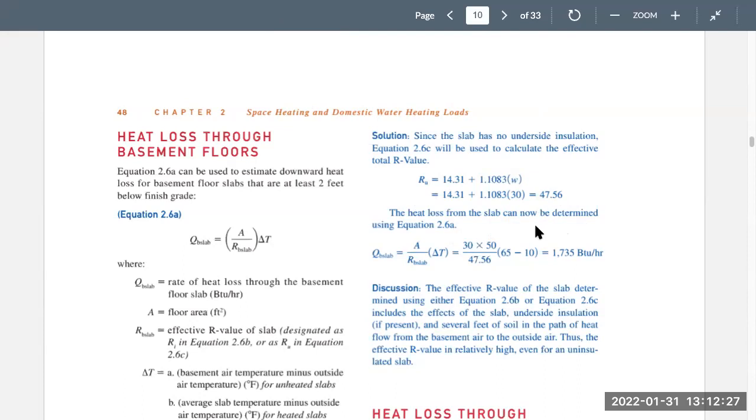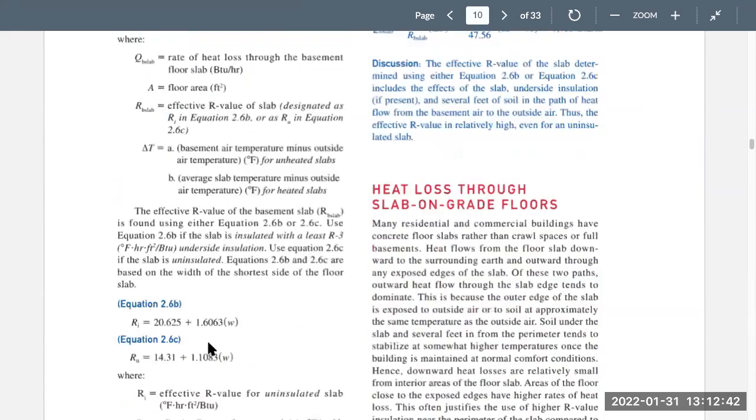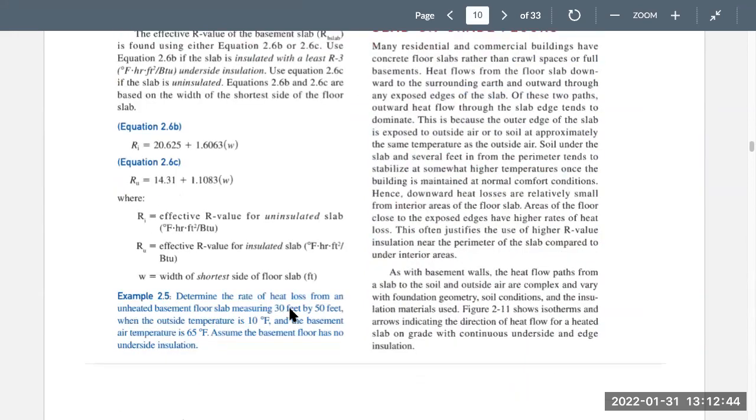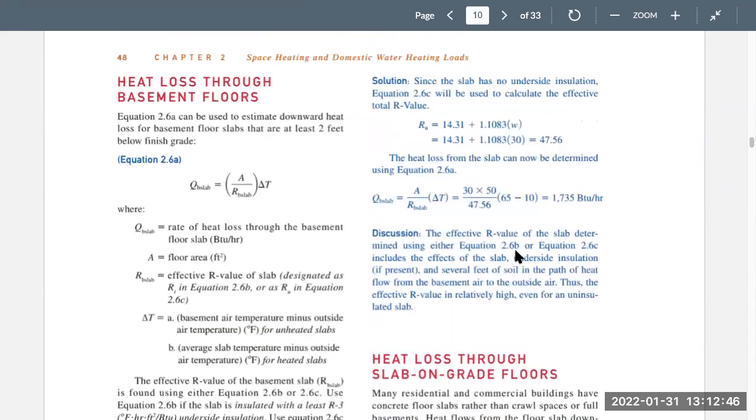So when we work on our heat loss, we plug in our formula for our heat loss through the basement floors. We have an area of 30 times 50, from the information that was given, 30 feet by 50 feet.